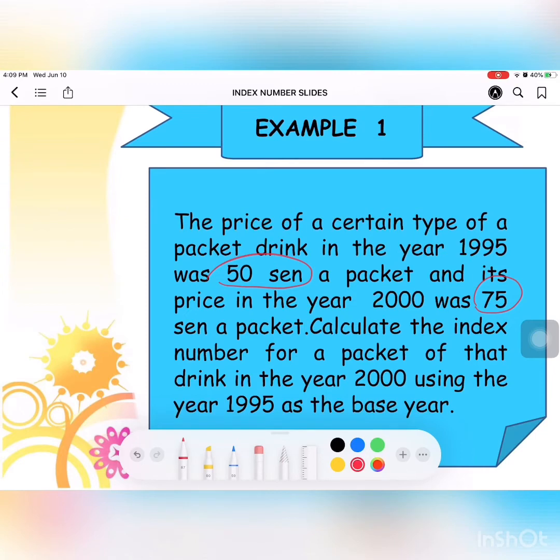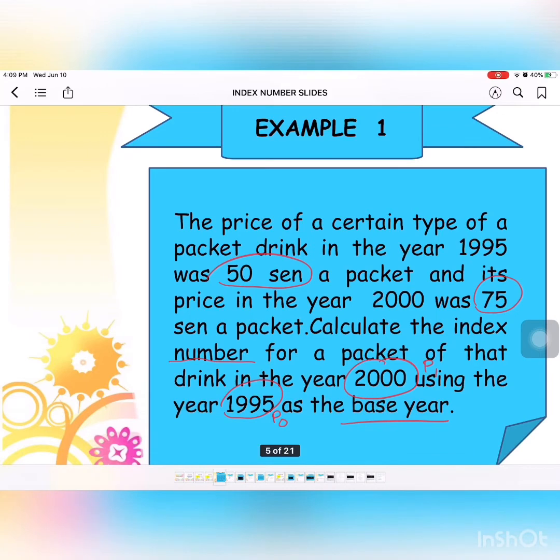Calculate the index number for a packet of that drink in the year 2000, using the year 1995 as the base year. So 1995 is the base year and 2000 is the current year. How are we going to do this? This is super easy.